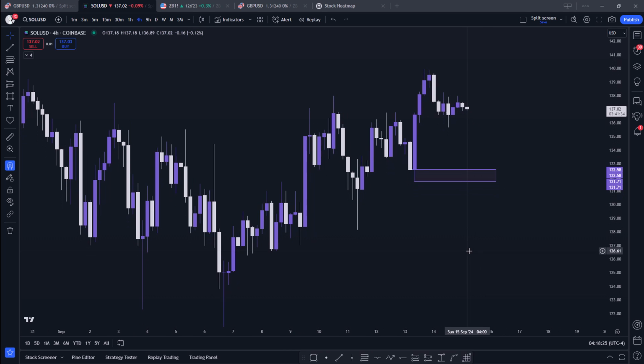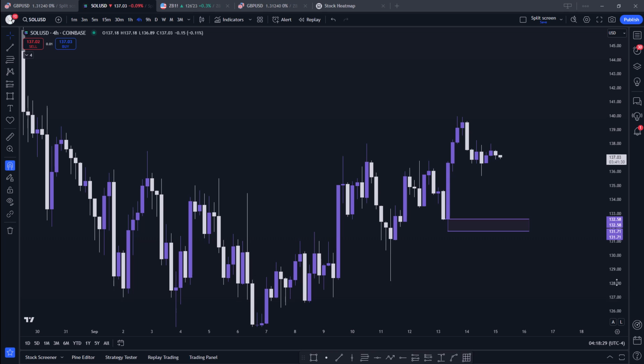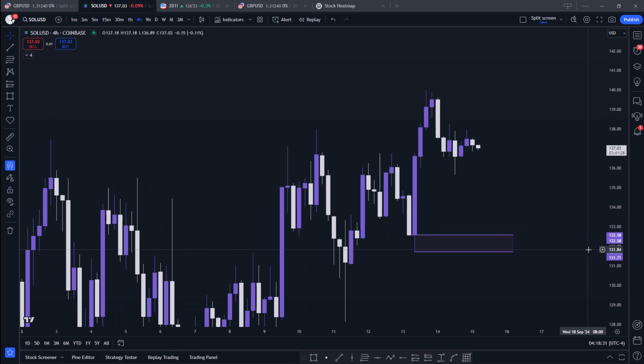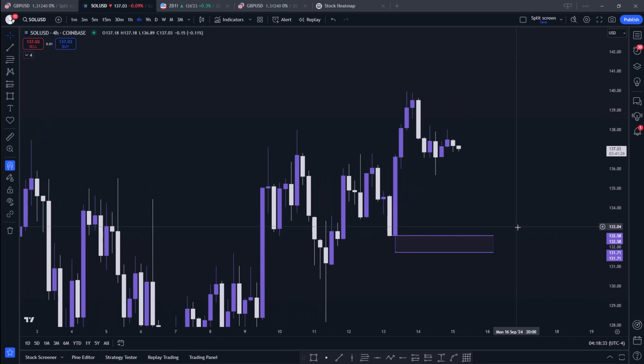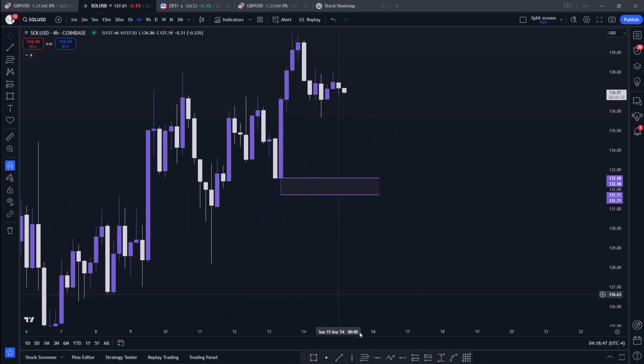But yeah, a rejection block, from my studies and tinkering around, I realized that it's the one PD array that firstly is in an extreme premium or extreme discount. So it's very high probability when you're dealing with choppy market conditions, right?